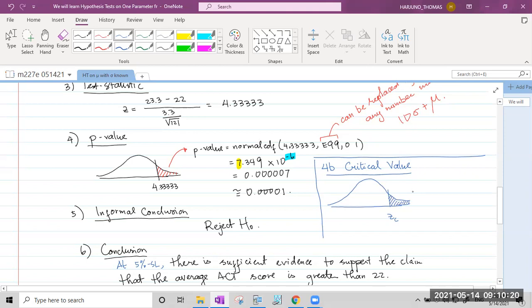Because alpha is 5%, the tail region is equal to alpha. Now what is the critical value? If this is 5%, the area to the left is 95%, right? Then we use inverse norm of 0.95, standard normal, and that should give you 1.64485.